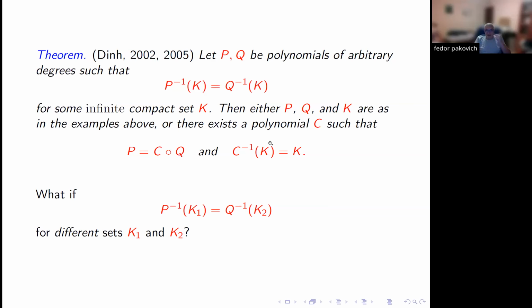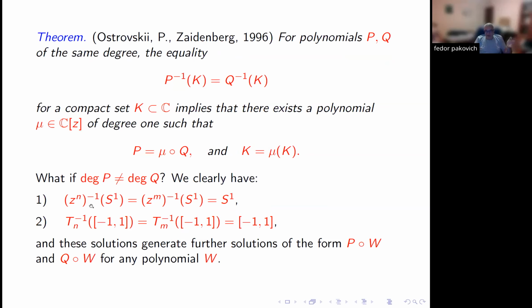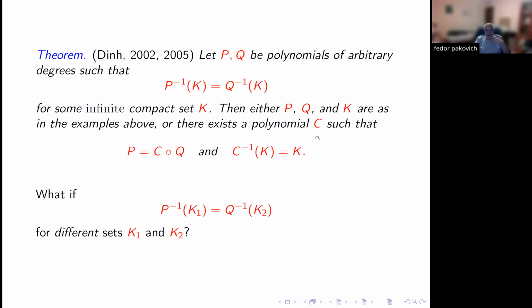And so what is the answer? Then P and Q as above. This means coming from powers of Chebyshev, maybe composed with some polynomial W. Or the third option is that P is related to Q in this way. So you see it is a little bit similar, but now instead of a polynomial of degree 1, you have an arbitrary polynomial, not necessarily of degree 1, and it satisfies this condition.